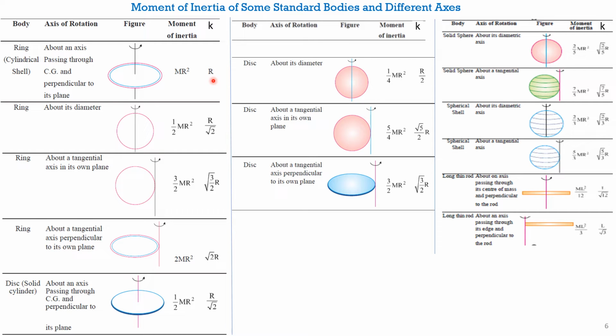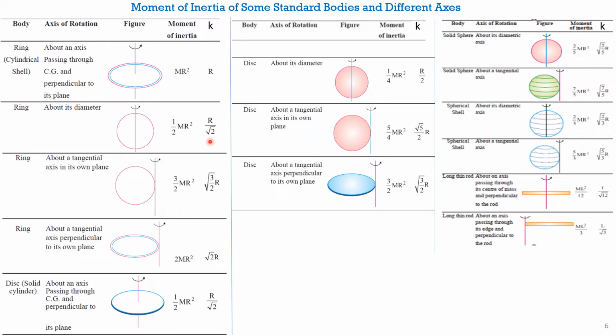Like this, we have given the moment of inertia, which is a function of the axis of rotation and the type of body, as well as the radius of gyration in the table. Please go through it. Derivations for the moment of inertia and radius of gyration are not included in the syllabus of NCERT physics for class 11.